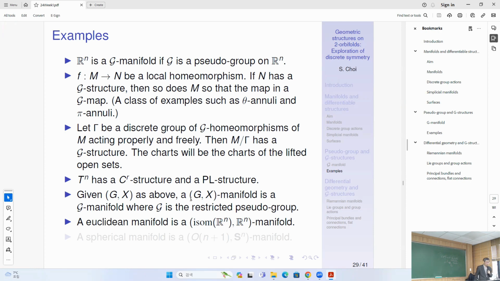For example, a Euclidean manifold is an Isom(Rn) manifold, which means that it has an Isom(Rn) pseudo group structure. You're just dropping these here. These are just conventions. And the spherical manifold is an O(n+1), S^n manifold.